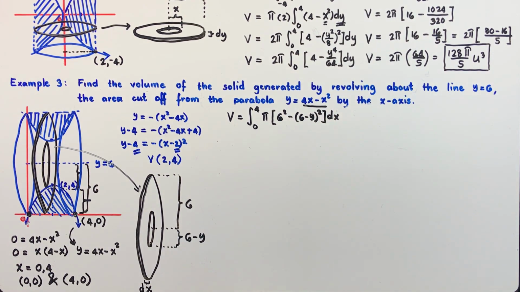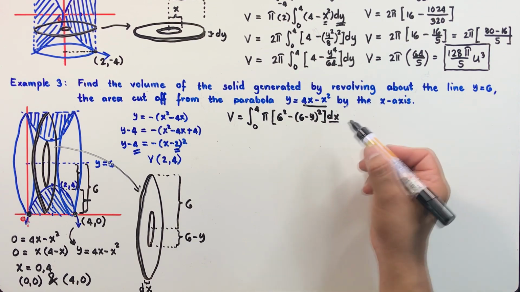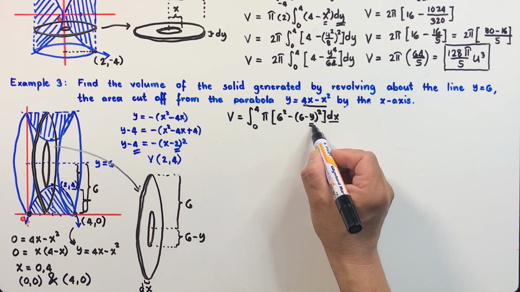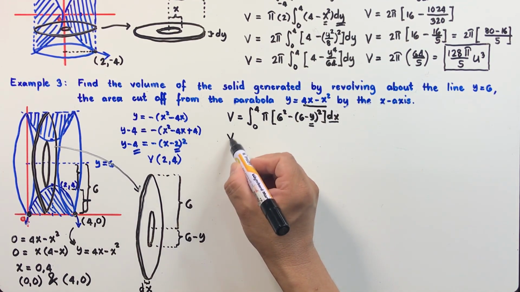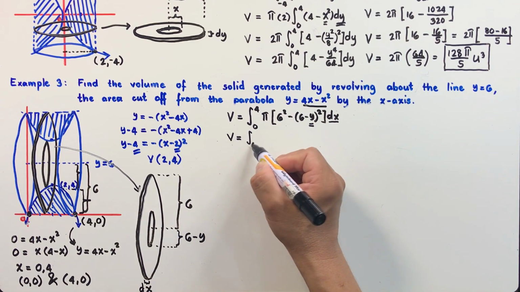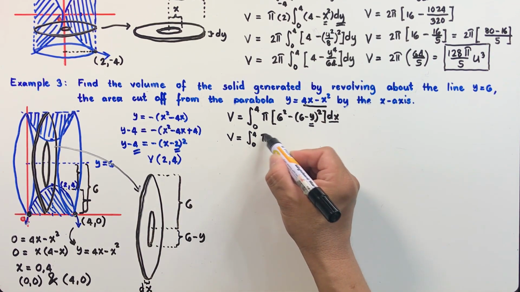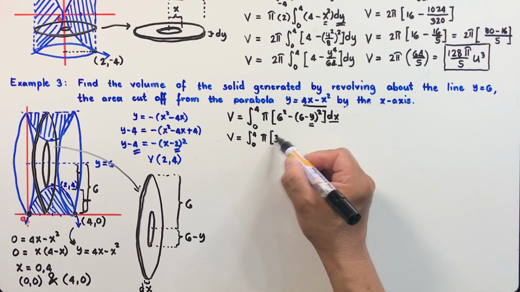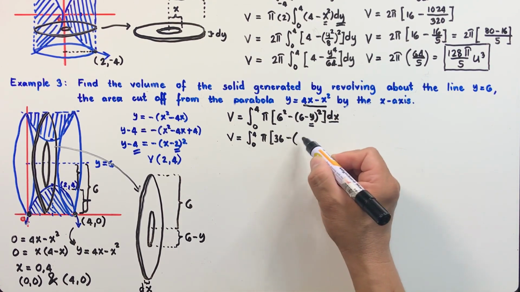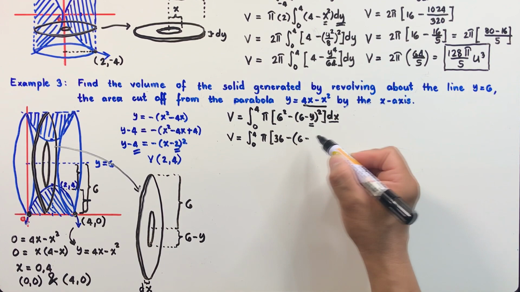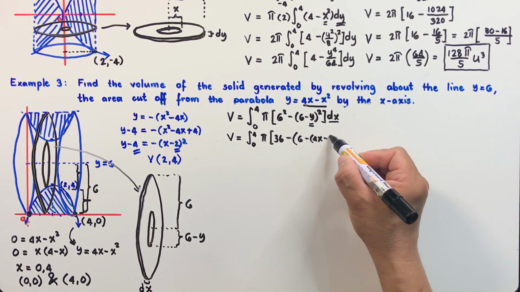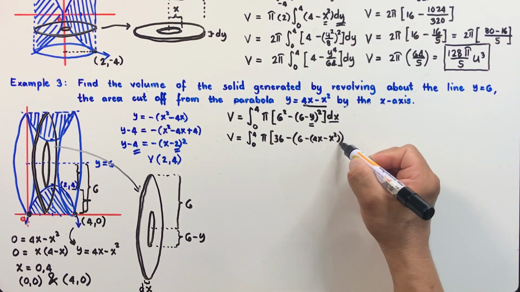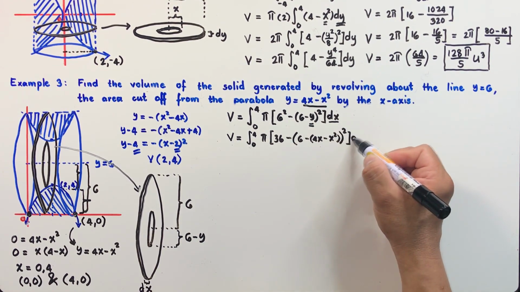And because our variable of integration is x, it is logical to change this y in terms of x, because our y is 4x minus x squared. So we have the integral from 0 to 4 of pi times 36 minus 6 minus this y, which is 4x minus x squared quantity squared dx.